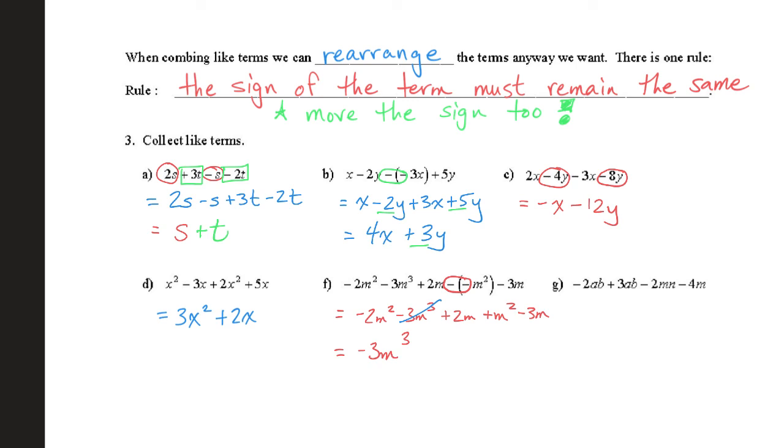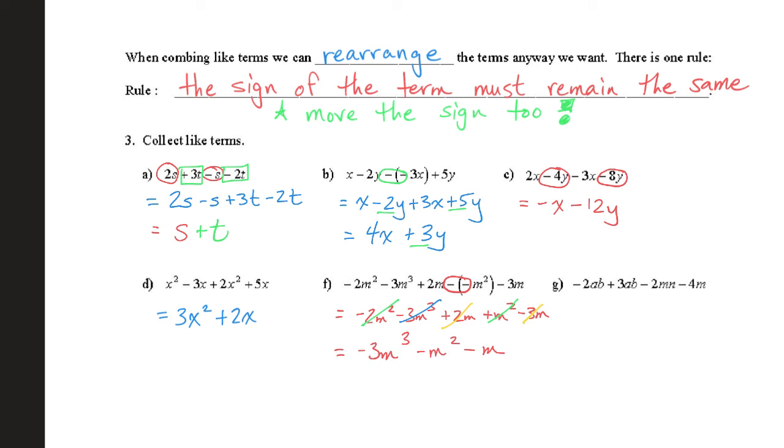So I have a negative 2 of them, add on 1 of them, that's a negative 1 of them. And then I can collect my single m terms. A positive 2 subtract 3 gives me a negative 1. And there we go.